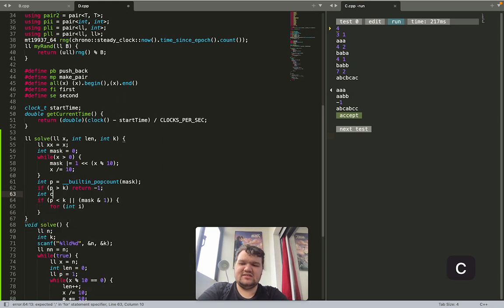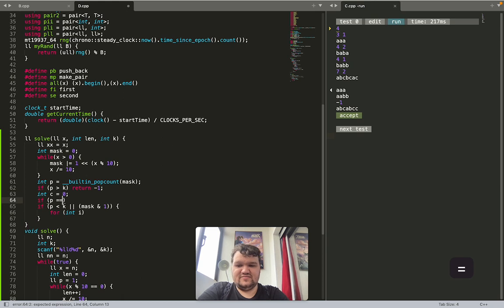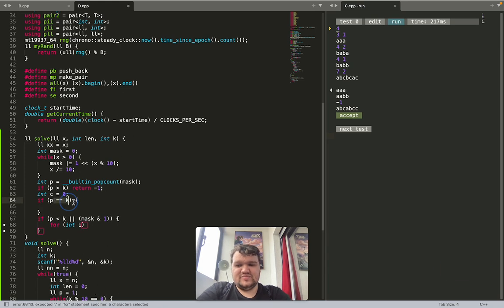Okay, let's find the symbol that I will use to fill. So if p is equal to k, that means that I have to use the digit that already was present on the prefix.